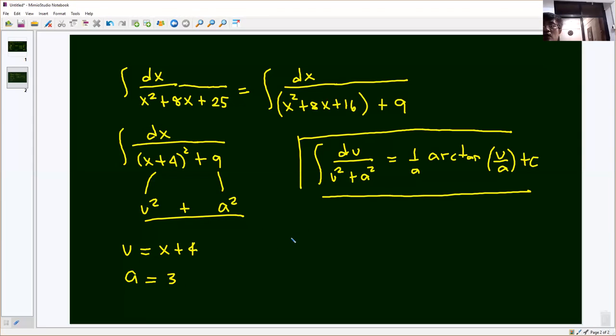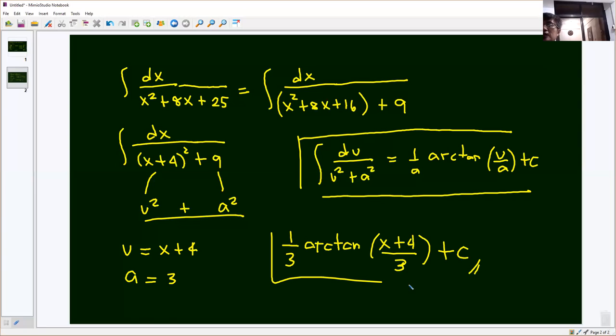So 1/3 arctan u over a, that's x plus 4 over 3. And then plus c. So I'm guessing na yung mga nakakuha na mabilis, you use this right. You use this agad. Tama ba ako doon? Sige, say yes sa mga gumamit nito agad. O kahit audio lang, marinig ko yung mga nagsagot ng tama.